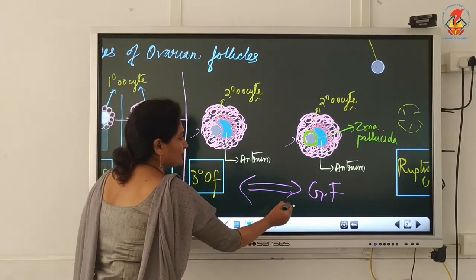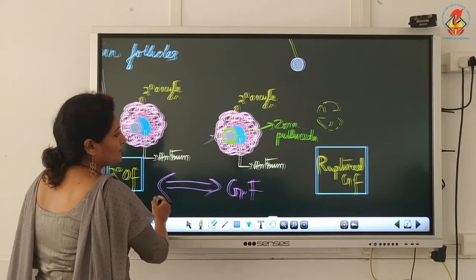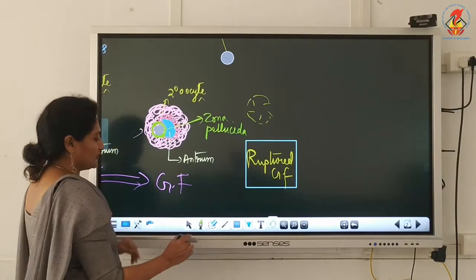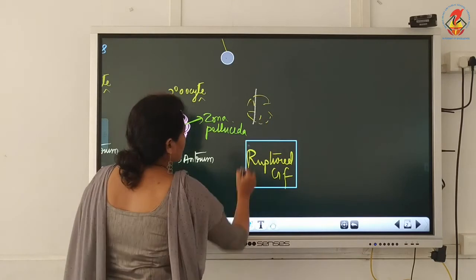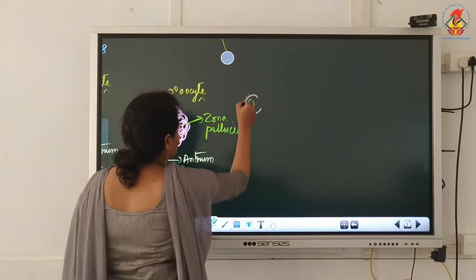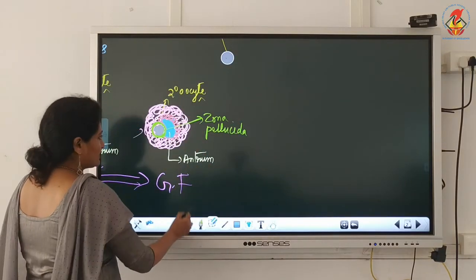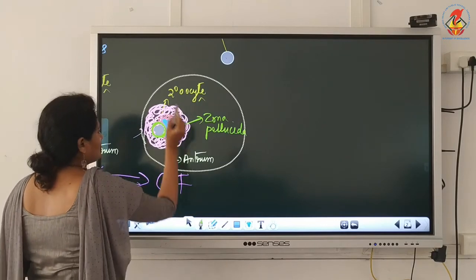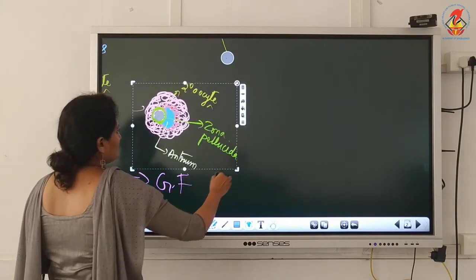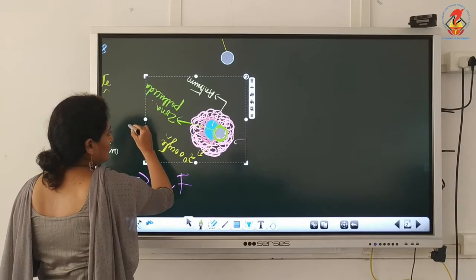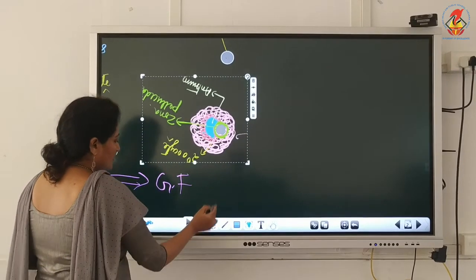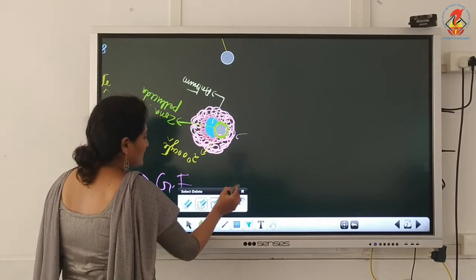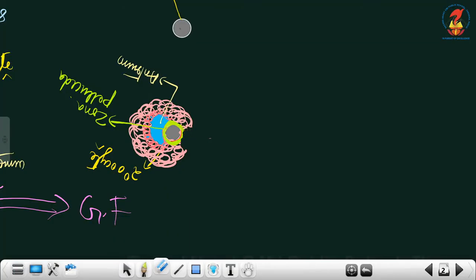Now, last, what happens? The ruptured Graafian follicle. So, again, the last stage is the ruptured Graafian follicle. I am going to make use of this diagram itself. The Graafian follicle ruptures, and what happens?